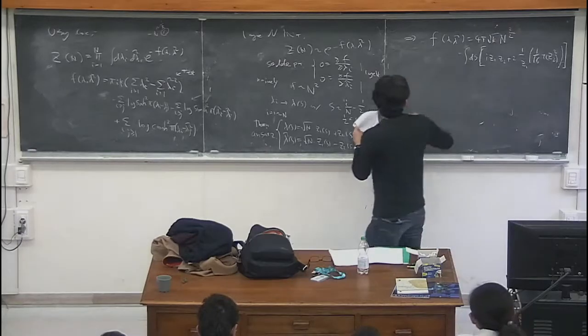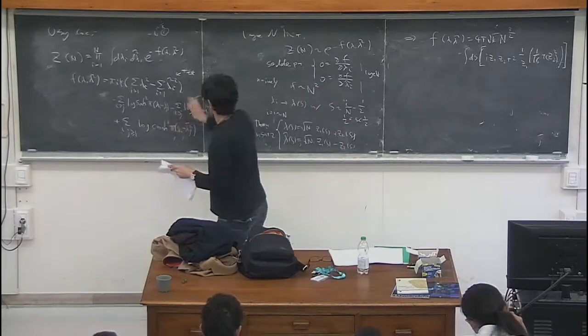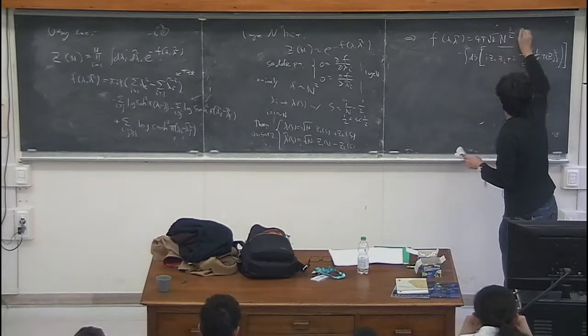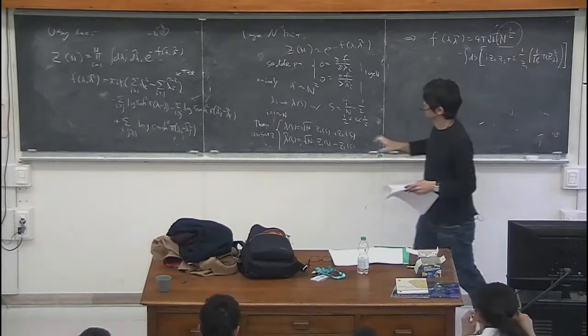So we have a very simple expression with this continuous notation, and the power is this one because of the cancellation between these two.